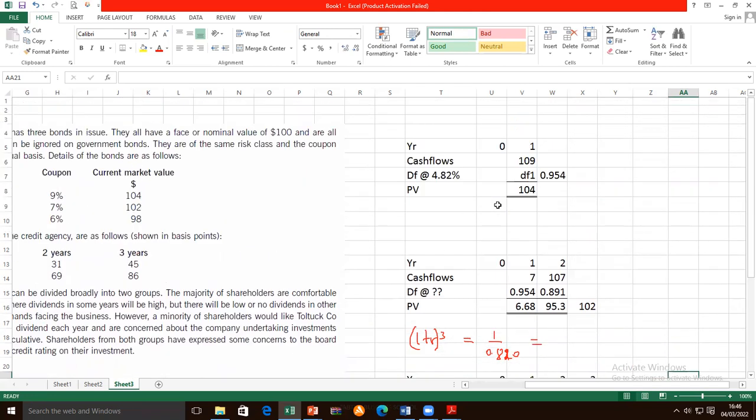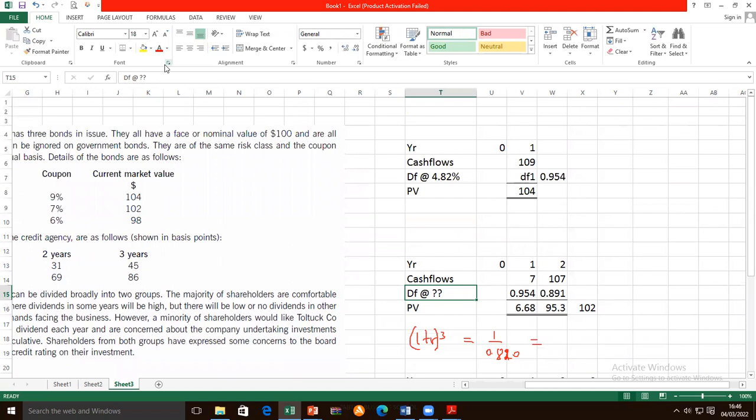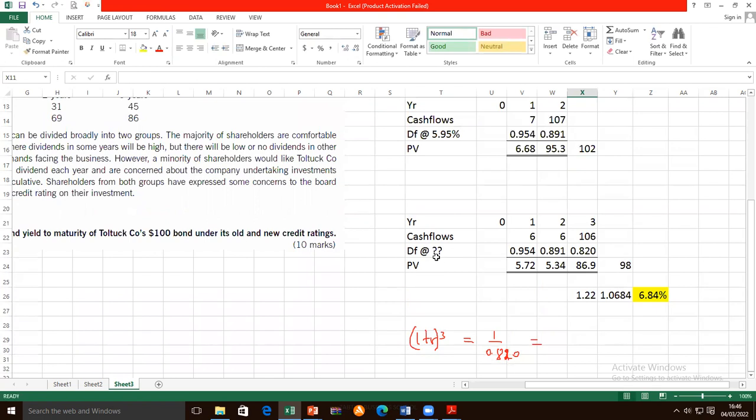So this one was 5.95%, or 5.96, and then 5.95. And this one, some are getting 6.83, others 6.84%.